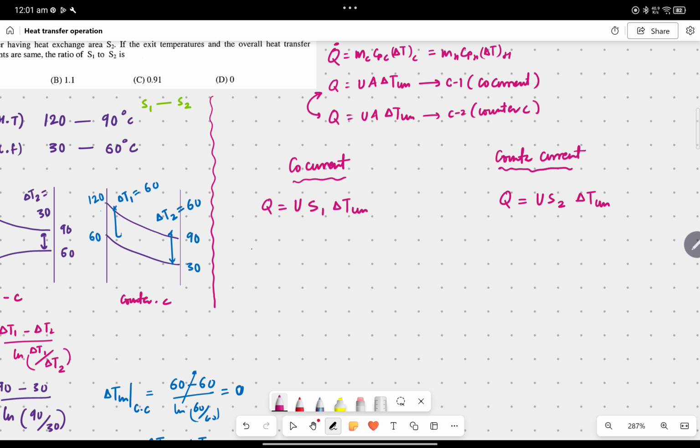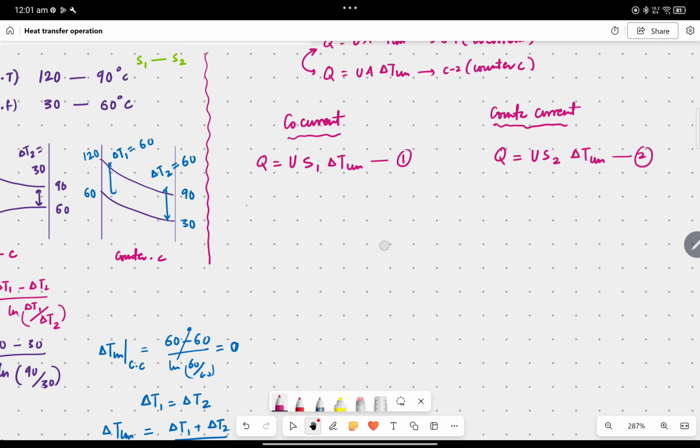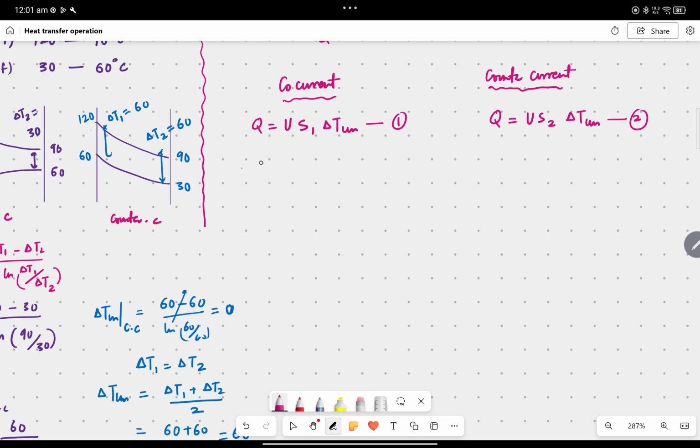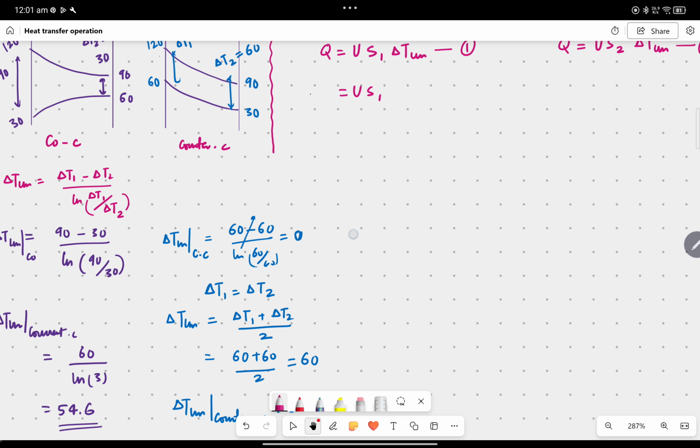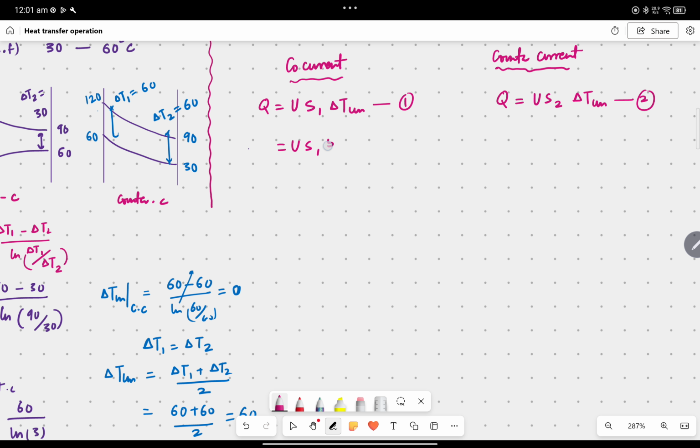This is equation 1 and this is equation 2. So U S1 with delta TLM 54.6, and U S2 with delta TLM 60.